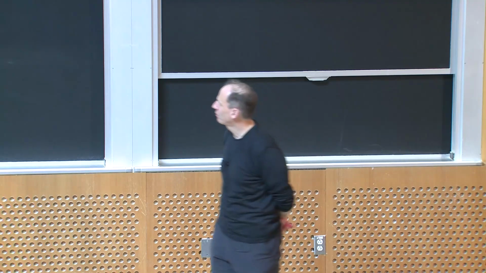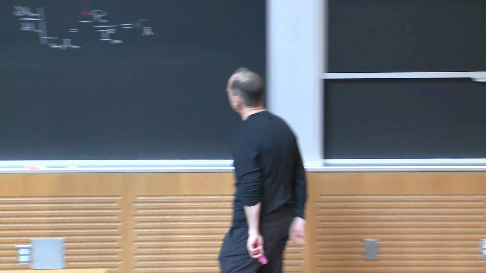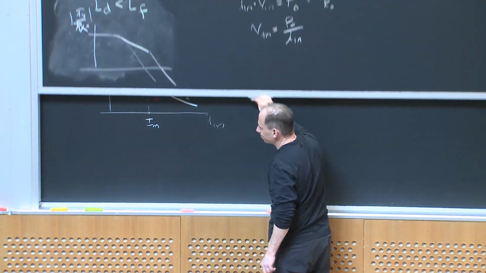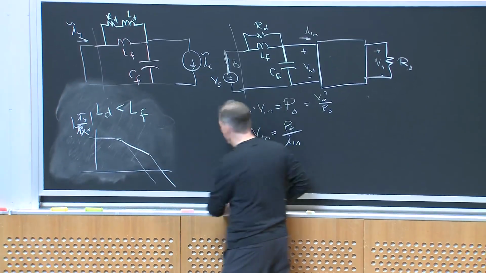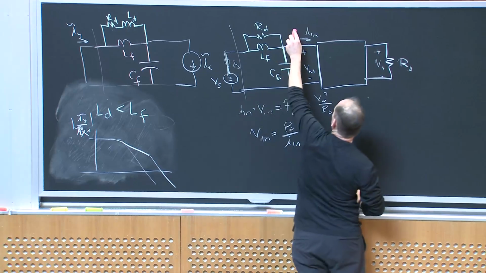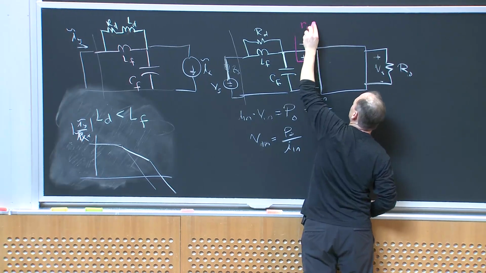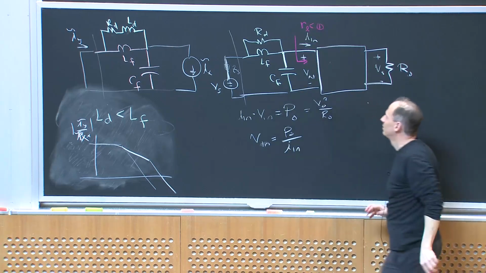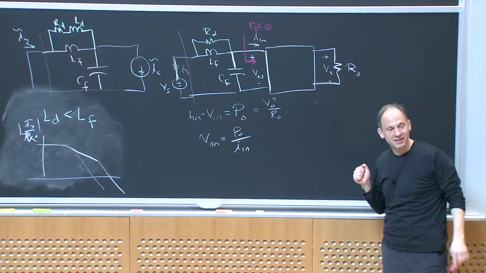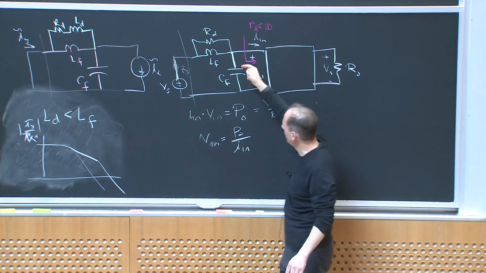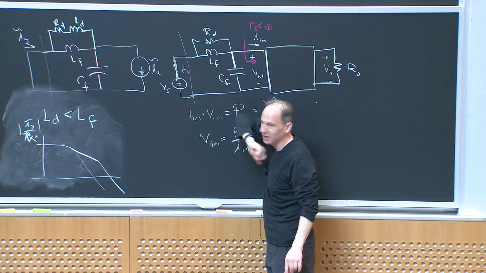All right? So if I then thought of what this converter looks like, looking this way, what I see is R_L is less than 0. Looking this way, I see a negative resistor. What do I see looking this way? I see L_F, C_F, and R_D.